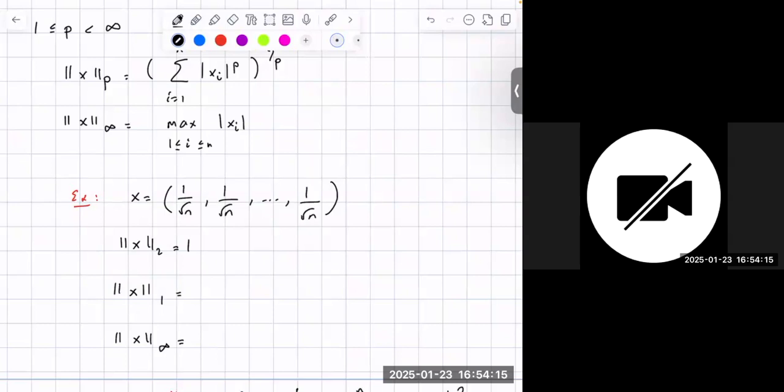Okay, let's compute the 2 norm. Square the first one, 1 over n, square the second one. Square all of them. Since I have n of them, n times 1 over n, this is 1. Now, the L1 norm says I'm going to add up the absolute values.